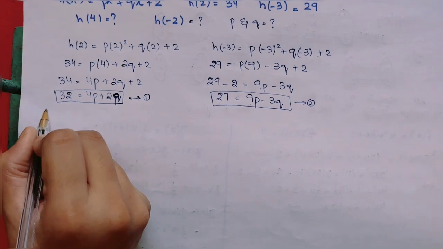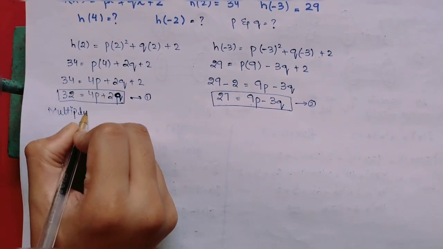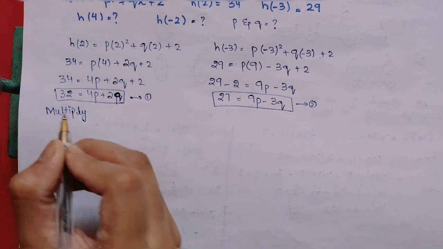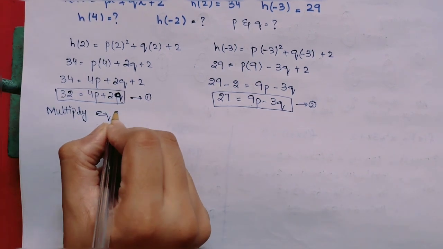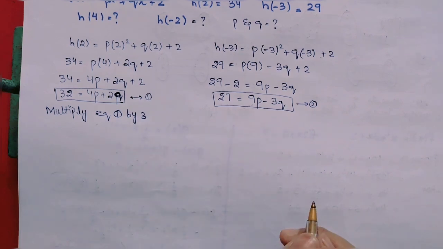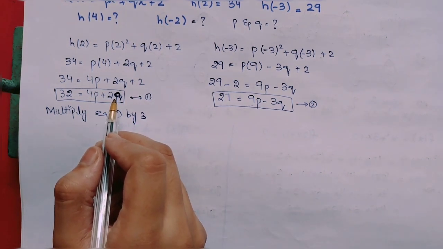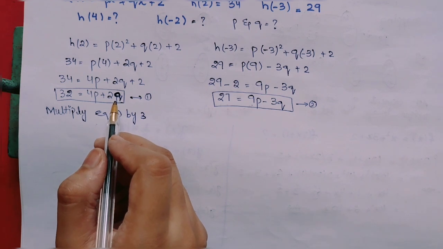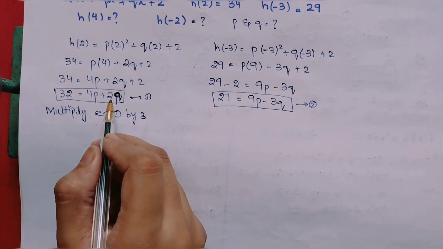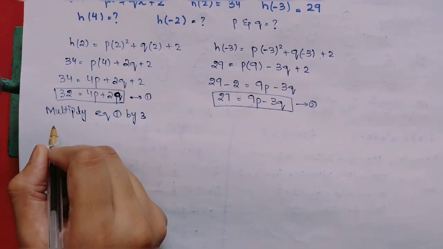I am writing: multiply equation 1 by 3. Okay, remember that you have to multiply the whole equation, not just the variable which you are trying to make similar or change its coefficient. No, you have to multiply the whole equation. Okay, now multiply it.